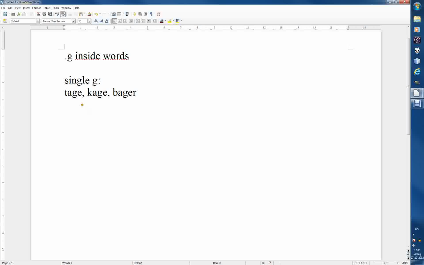I can't really think of any sound, but we have the y sound, and we have it also in other consonants. Single G inside words as Danish J. So the J sound also takes this y.